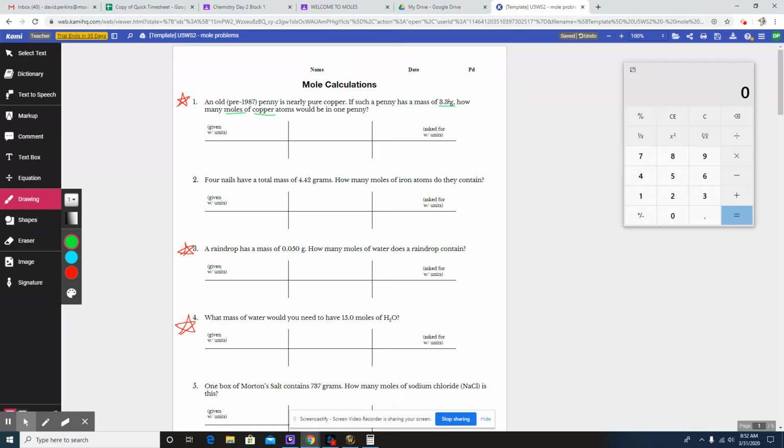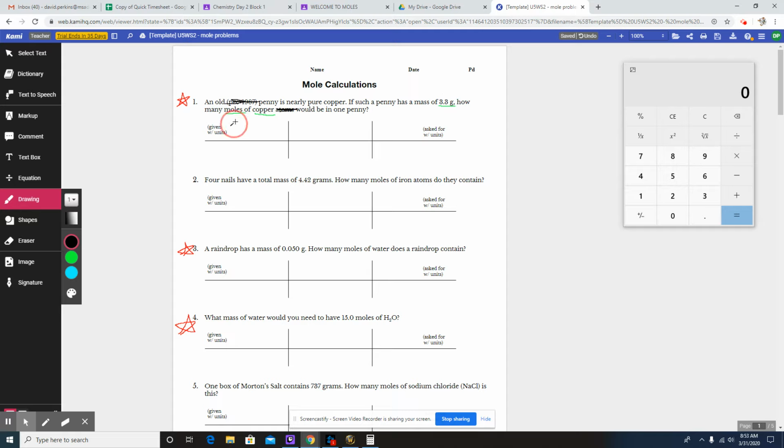So 3.3 grams was what we're starting with, and then we're trying to find moles. So everything else, like this pre 1987 penny, who cares? It doesn't matter. This also is kind of confusing because it says how many moles of copper atoms, right? That's trying to confuse us. So it's just saying if you have 3.3 grams of copper, how many moles of copper would that be?